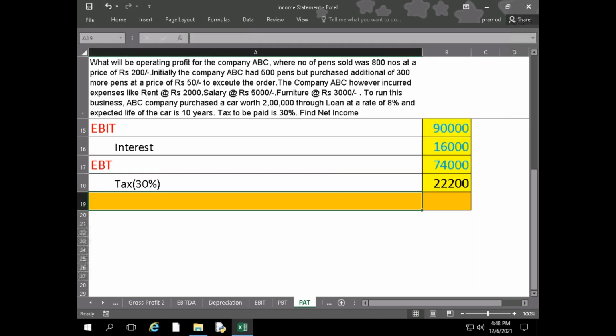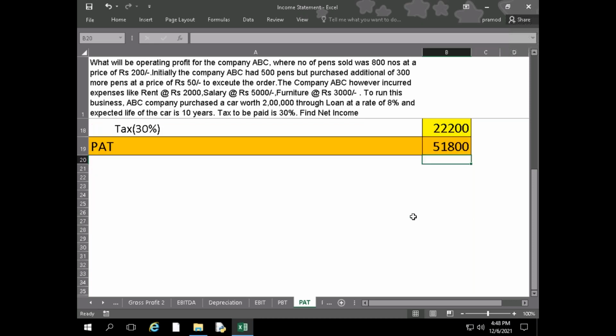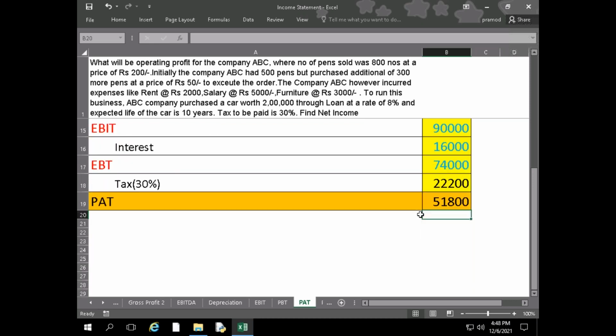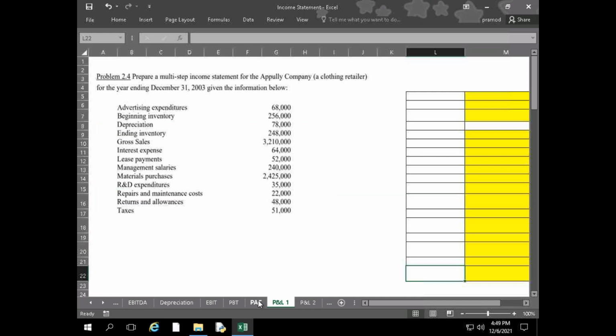So the last is PAT or net profit. So your answer should be 51,800. So everyone got the same answer?